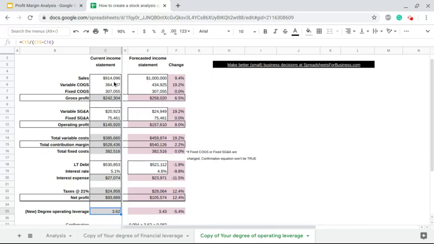They went from 914K in sales revenue to 1,000,000, a 9.4% increase. But they've got a decent amount of fixed costs. We're talking fixed COGS, fixed cost of revenue, and fixed SG&A expenses. It's not just a COGS thing. There are also fixed SG&A expenses, a lot of salaries in SG&A.